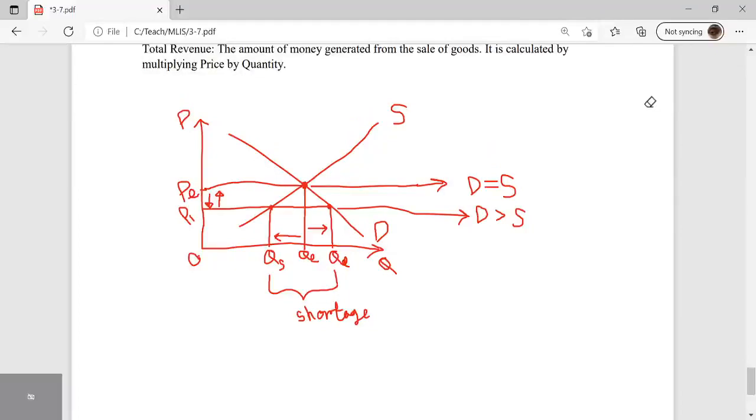We don't have much time, so let's quickly talk about excess supply. Okay, so it will be like a situation. Let me erase this, so we can draw it.